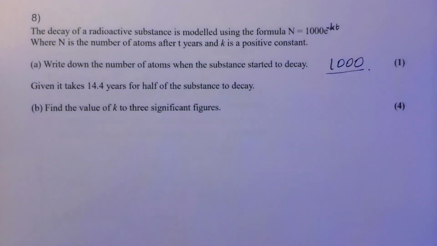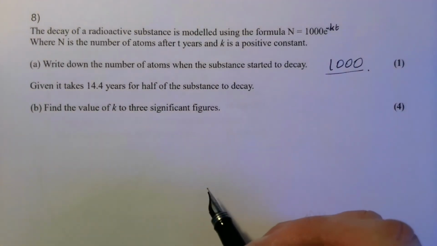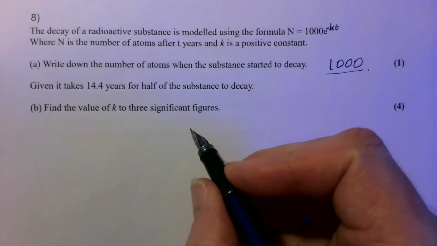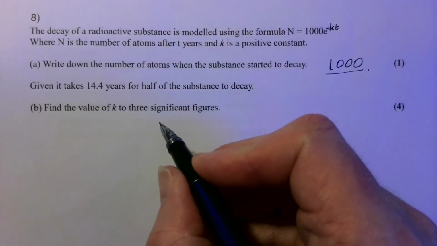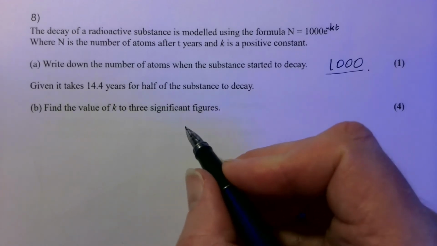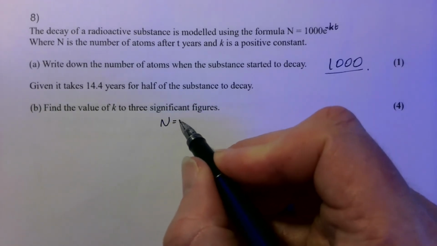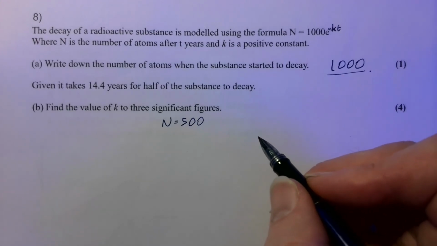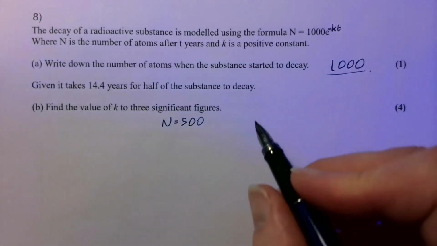Given it takes 14.4 years for half the substance to decay, find the value of k to 3 significant figures. So what have we got? N is going to equal 500 when t is 14.4 years.